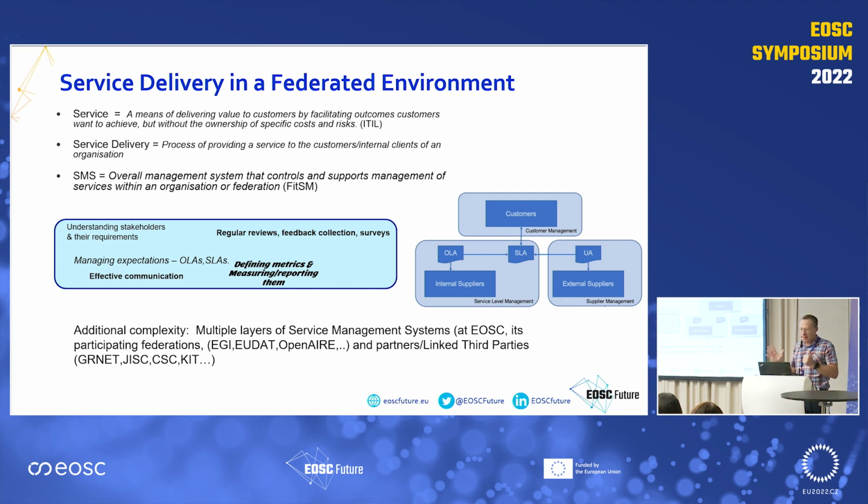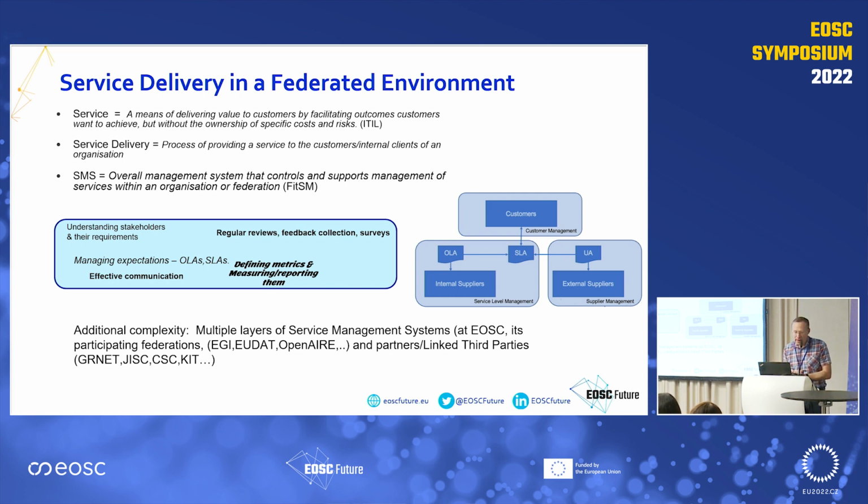We do need to understand a few terms here. So what do we mean by a service? It's a means of delivering value to customers by facilitating outcomes customers want to achieve, but without the ownership of specific costs and risks. So essentially, you're giving the customer what they need without the customer needing to do everything for the service delivery itself. They're just benefiting from the outputs of the service.